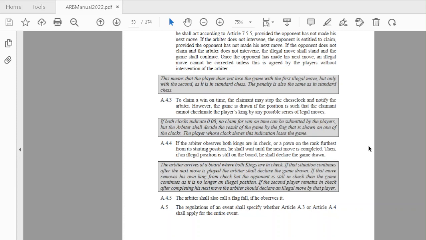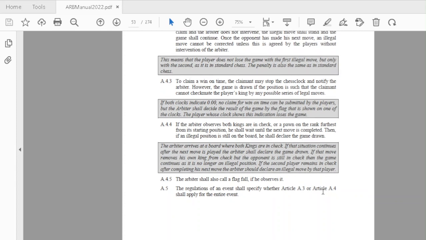If that move removes his own king from check, but the opponent is still in check, then the game continues as it is no longer an illegal position, meaning the king almost came into check by the moving of that player. If the second player remains in check after completing the next move, the arbiter shall declare an illegal move for that player. So that's interesting. You can go through that. That sometimes happens, and arbiters will then have to make a call on that.